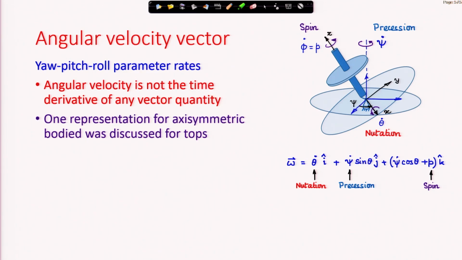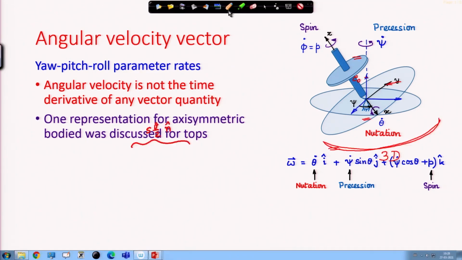You recall that we had represented this angular velocity vector in this form: nutation in i cap, a component of precession in j cap, and a combination of a component of precession and the spin in k cap. Here we have represented the angular velocity vector in terms of these parameters and their rates, psi, theta, phi and psi dot, theta dot, phi dot.